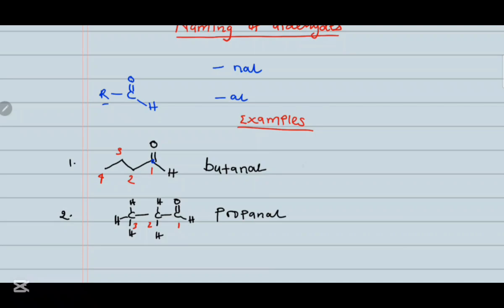Example number 3. What if we extend the chain? Like this one, how can we name it?